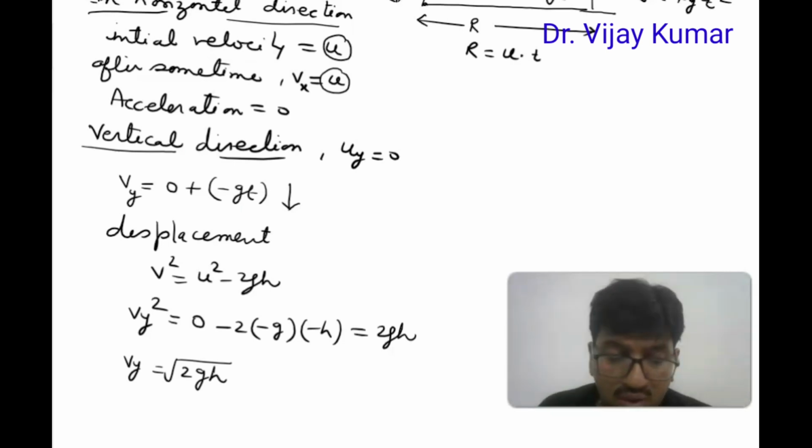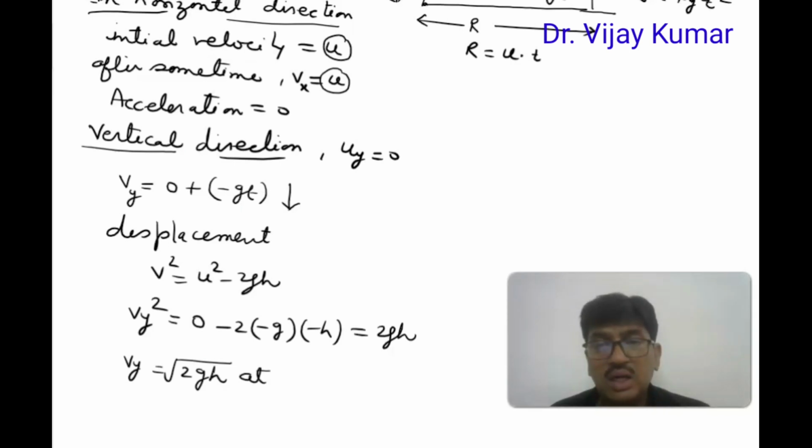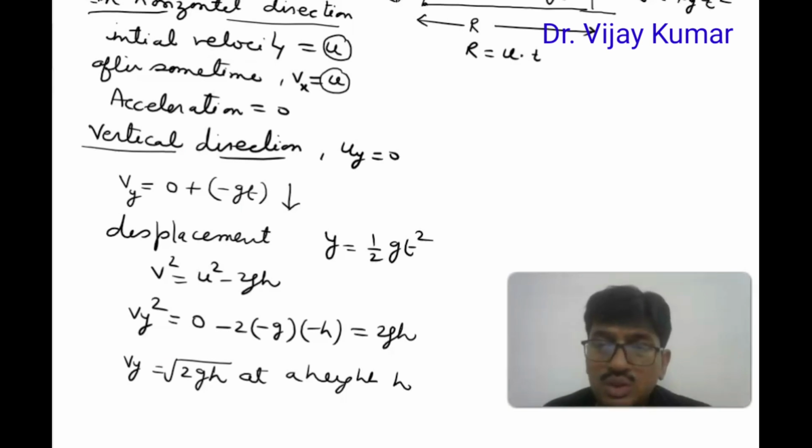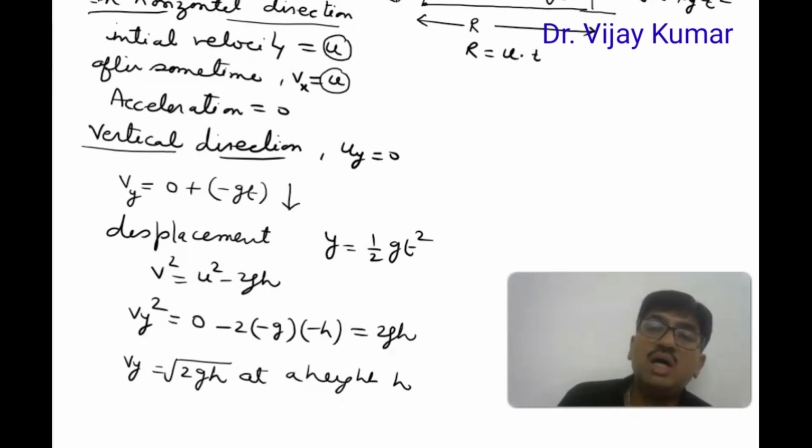This is velocity at a height h, and displacement should be y equal to half gt square, since u equal to 0, h is equal to y equal to ut plus half gt square, y equal to half gt square.